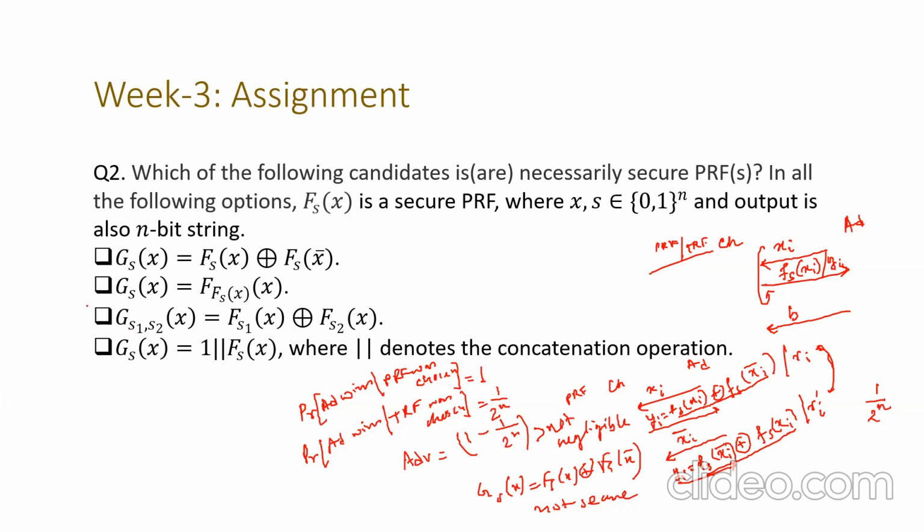Now coming to the second question. Basically here, let me tell you that G will be secure. Why?